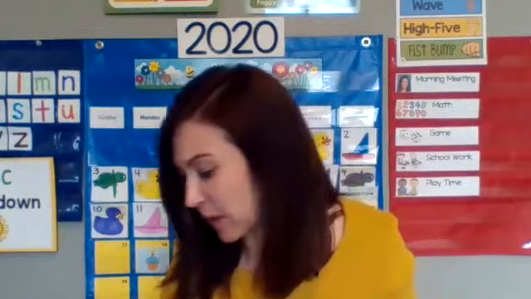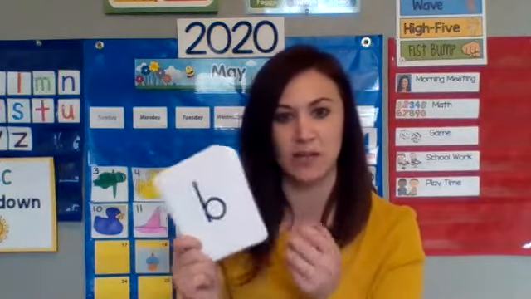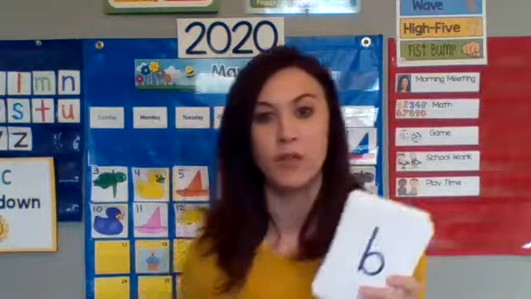So here's how we're going to play this game today, and this might be a game that you could try at home. All you would need to do is have a card with a jack-in-the-box, or you could even put a smiley face on that card, and then you are going to need some letter cards, or you could do some snap word cards or some number cards, whatever it is that you would like to work on, you can use those in your game.